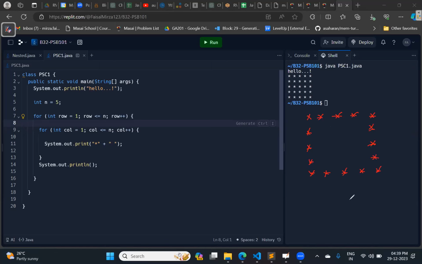Means you can say that a hollow box I need to print. Hollow box. Now tell me what can be the condition that I need to add.